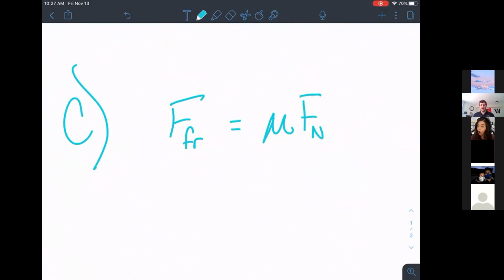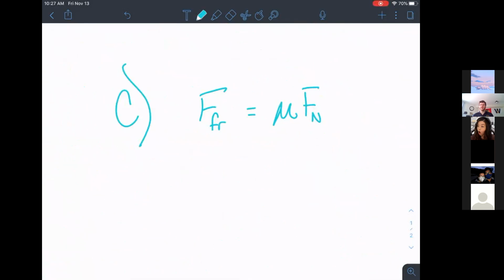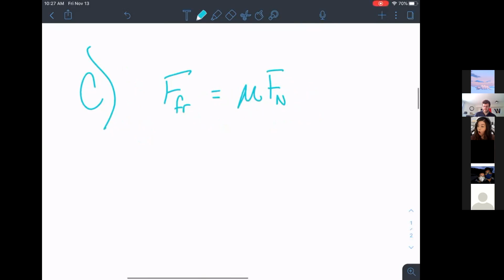All right. And so can we solve for mu? Can we solve for our force of friction? Yeah, because we know the force of friction and the normal force. Perfect. We have our other two values.